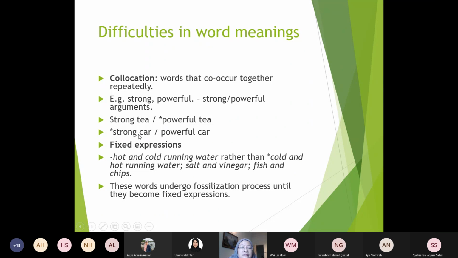Why? Because strong, in terms of a car, is about how good the pickup of the car is. The pickup of the car is when you are trying to overtake someone on the highway, and your car goes very smooth and fast.